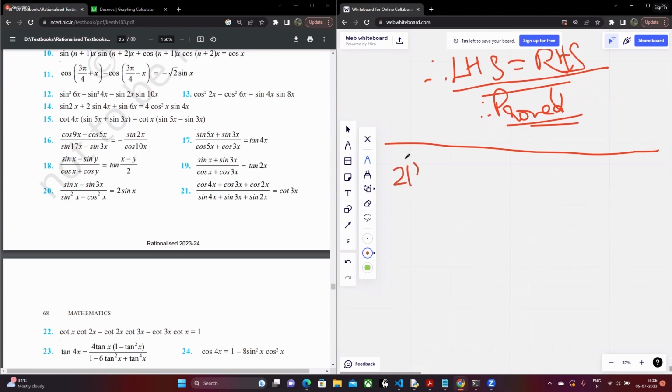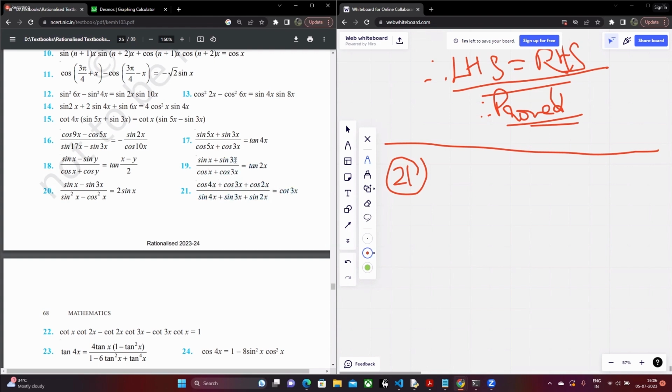Question number 21. Cos 4x plus cos 3x plus cos 2x divided by sin 4x plus sin 3x plus sin 2x is going to be equal to cot 3x. Right? Notice that this angle is the arithmetic mean of this angle and this angle. So the first thing you have to think of doing is condense this along with this, right?